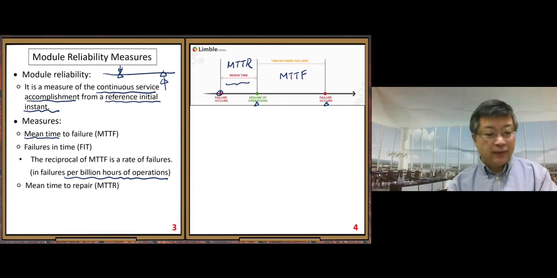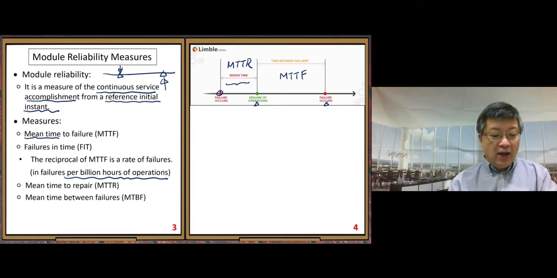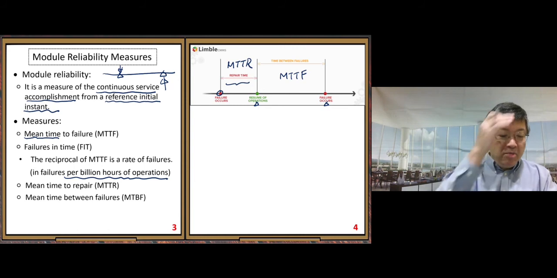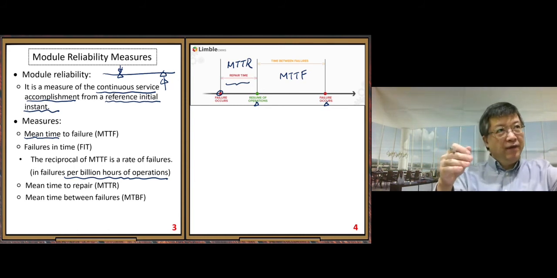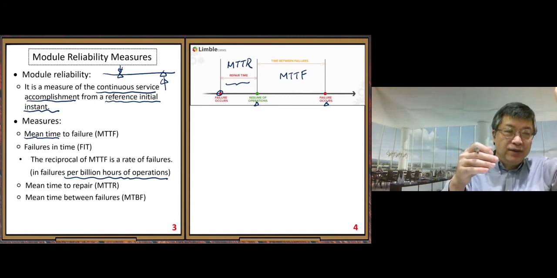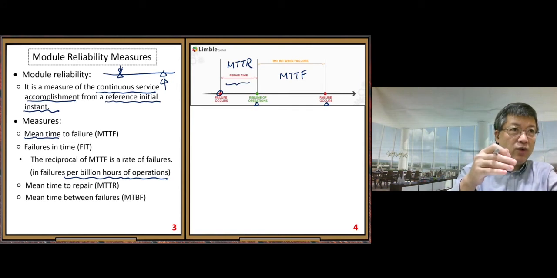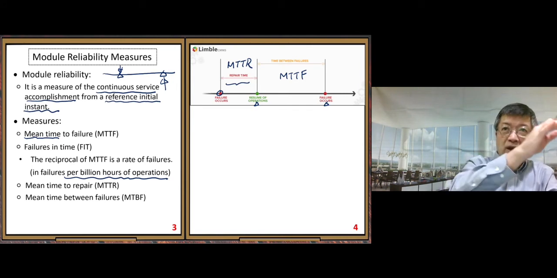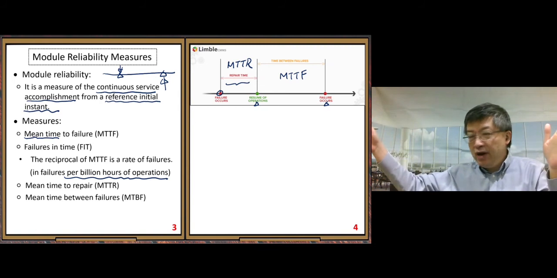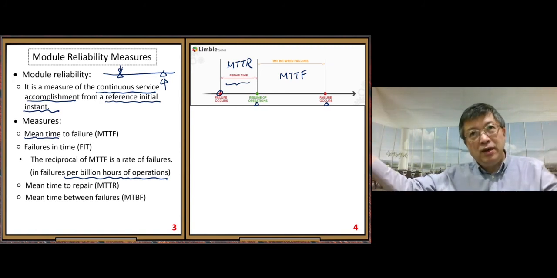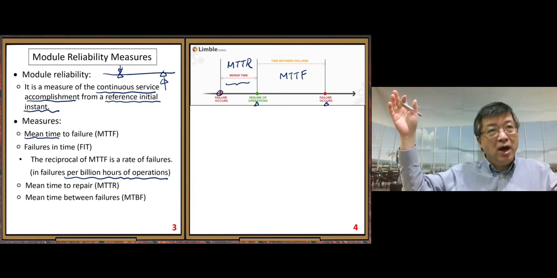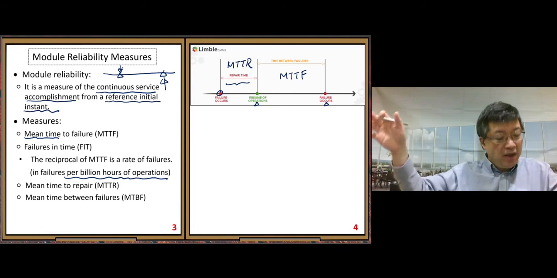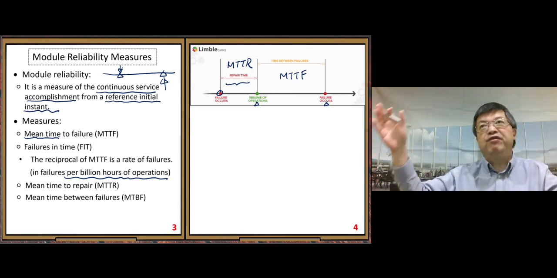Then another concept called mean time between failures. When you encounter the first failure, you record the time. The next time you get another failure, you record that time. You take the difference, you do this many times, and take the average: mean time between failures.